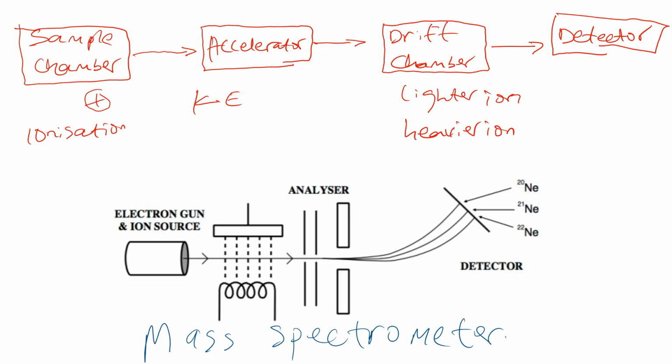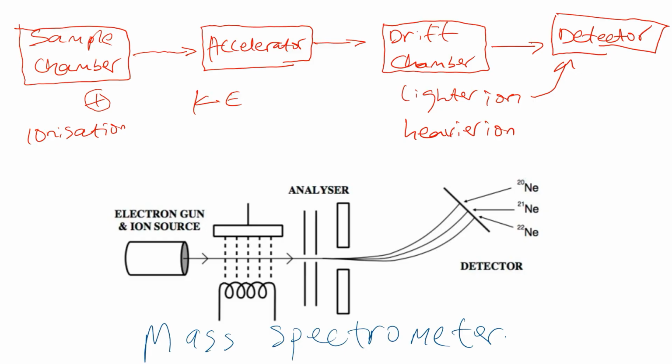The time it takes for the ion to get to the detector is used to determine the mass of the ion. Once the ions get to the detector, they gain electrons from the detector and they cause current to flow.